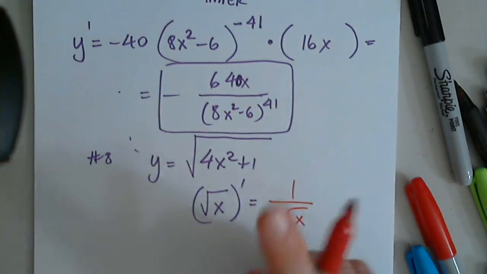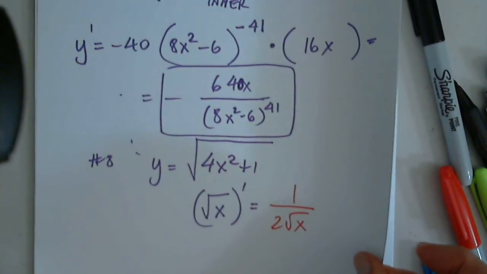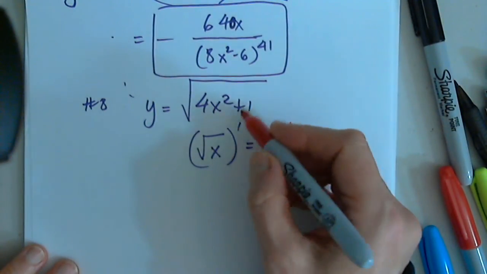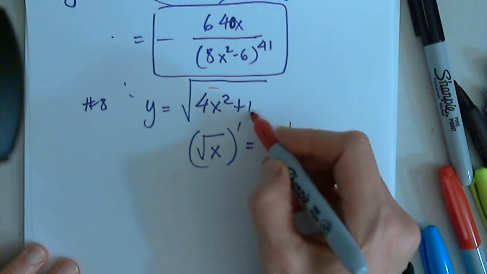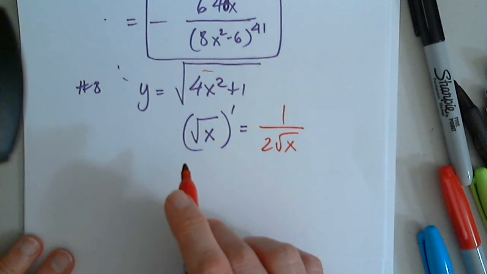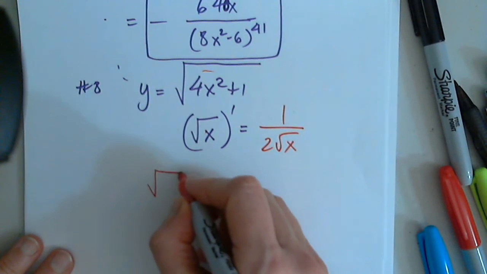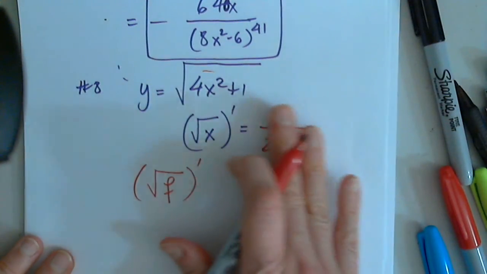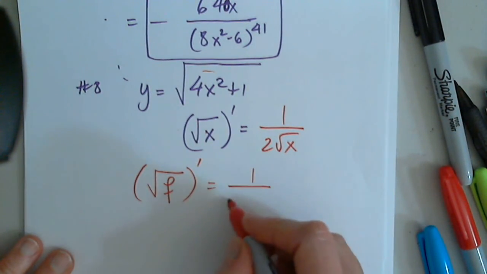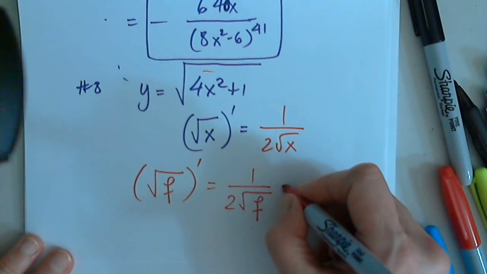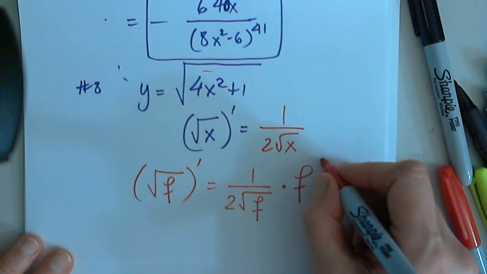Good. But now, I have a function. I don't have x here. Look, I have all this thing, which is a much more difficult function. So then, when I have the square root of a function, the method is the same, 1 over 2 the square root of the function, but now I have to multiply by the function prime.